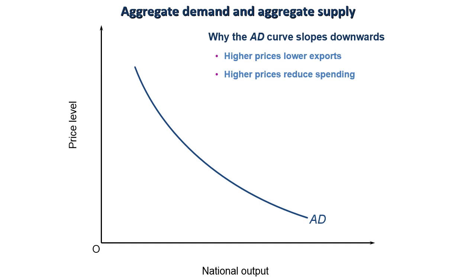At higher prices we will have less spending. And at higher prices we'll have the interest of the central bank, who are likely to raise interest rates to control inflation. So we see that at higher price levels there is less output demanded in the economy, but as the price level falls, the amount of output demanded is greater.